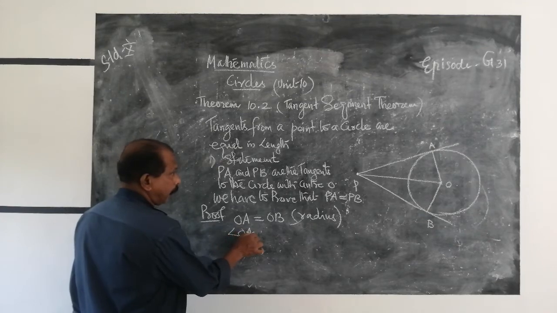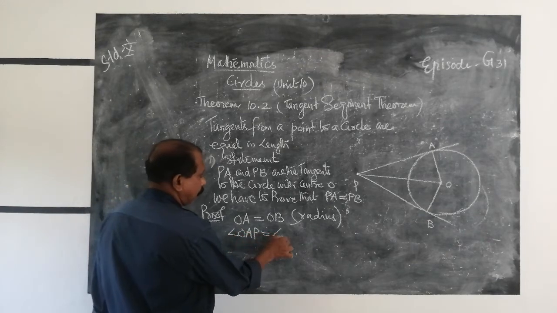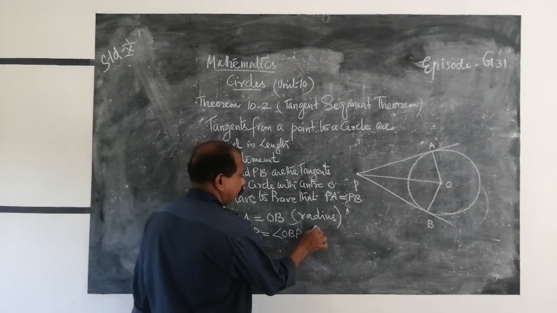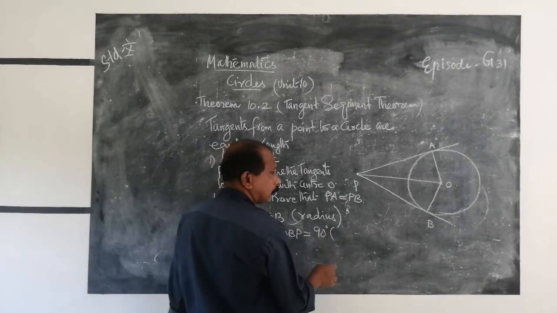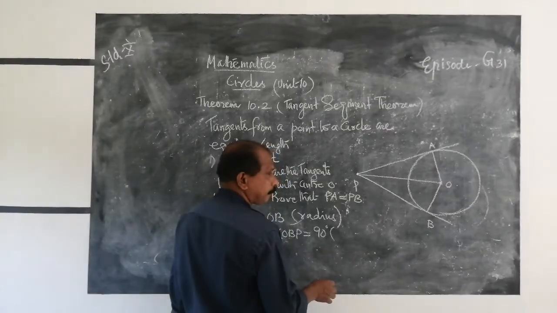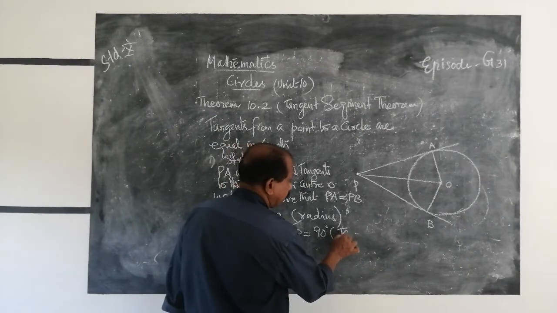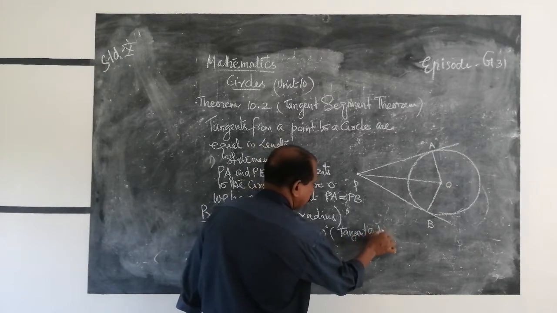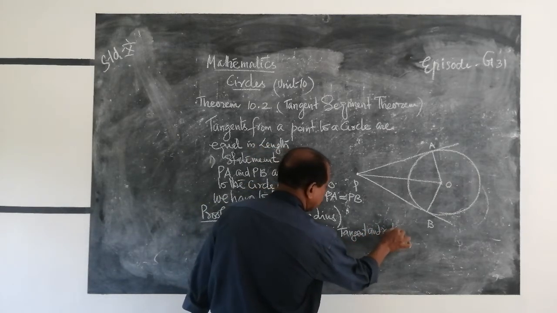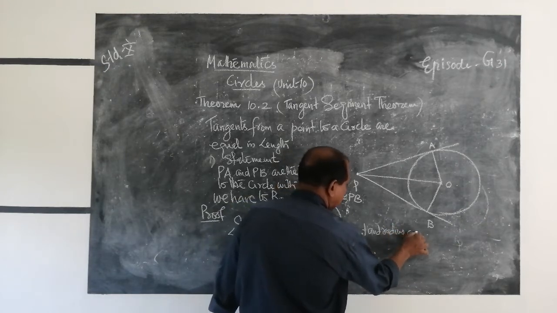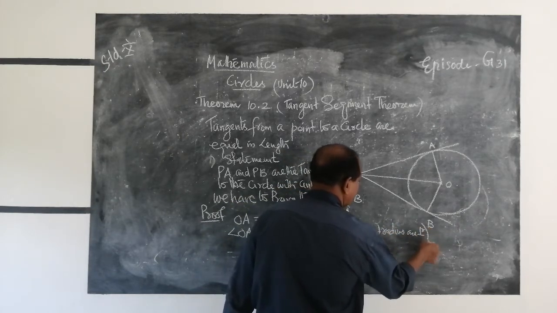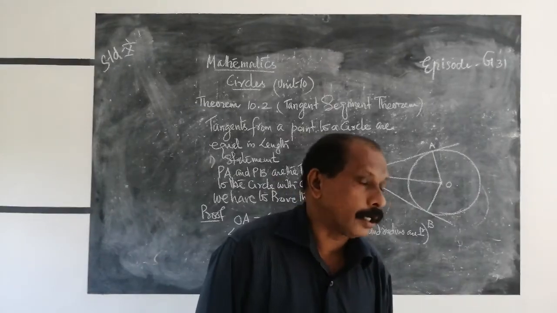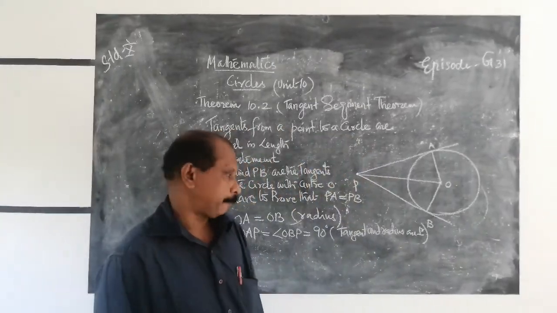Angle OAP is equal to angle OBP, equal to 90 degrees. What is the reason? Tangent and radius are perpendicular at the point of tangency.